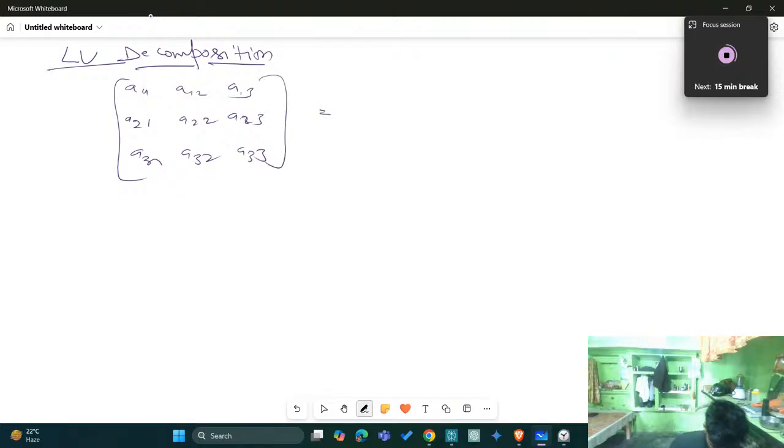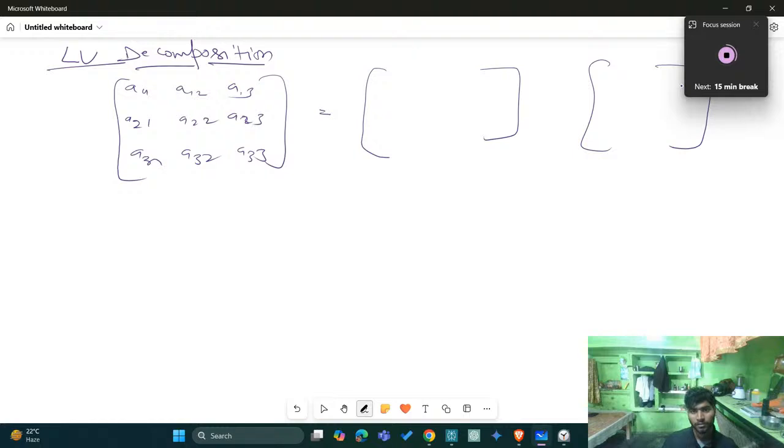We have to divide it into two things, one is L and one is U. L is the lower triangular matrix, with 1, 1, and 1 on the diagonal, then L21, L31, L32, and all zeros above.